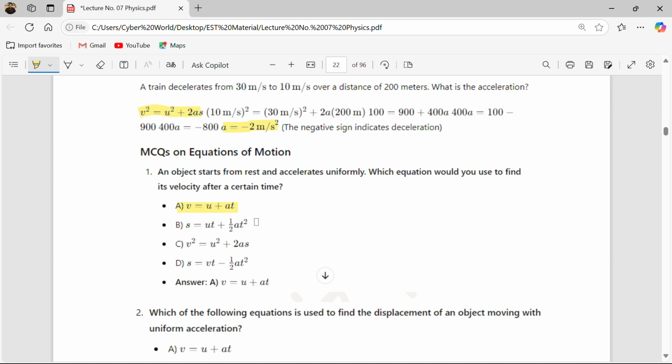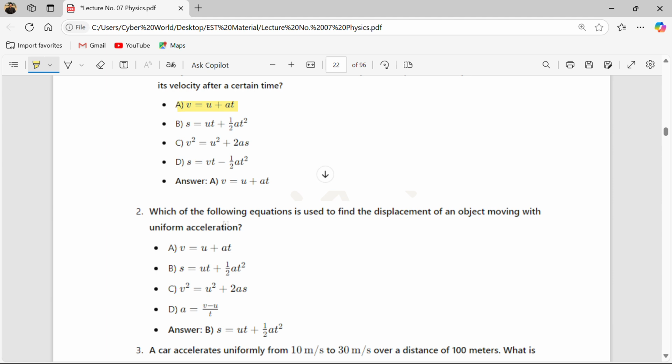So the answer is this. Which of the following equations is used to find the displacement? As I told you, to find the displacement, you always have to use the second equation of motion. So the answer is this.